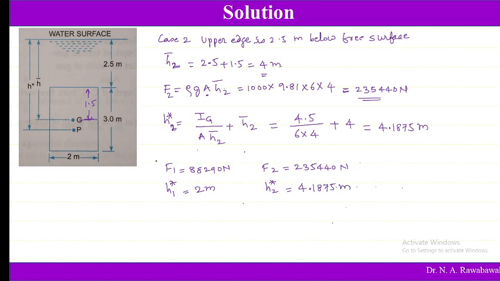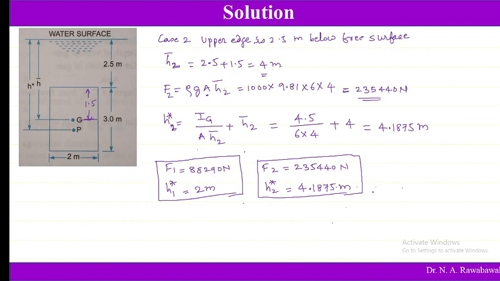So this is the answer. In the first case we get force and distance of center of pressure. In the second case also we get force and distance of center of pressure from the free surface of the liquid.